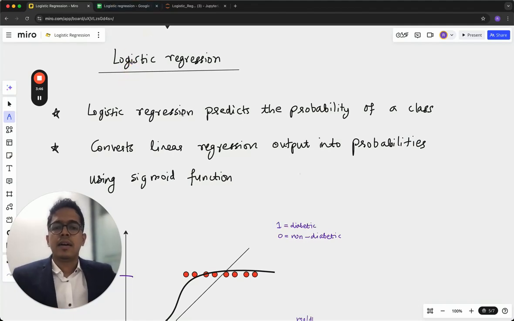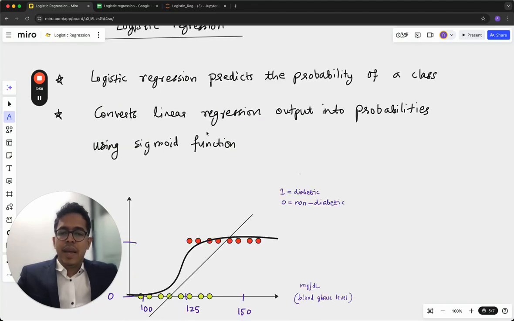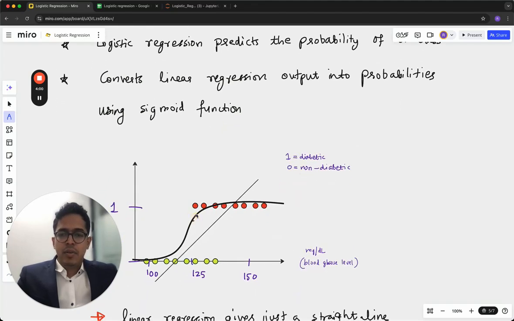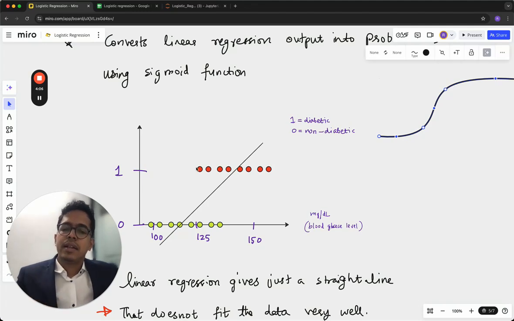But let's see how we can predict the probability of a class, the probability of a new data point being in class 1 or class 0. So if we had linear regression, you will forget about this particular curve. So let me move it here. If you were using linear regression on these data points, it can simply draw a line.